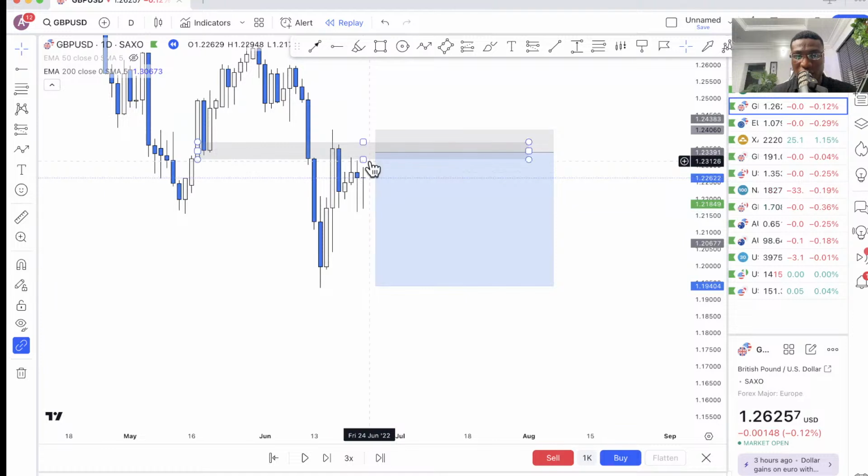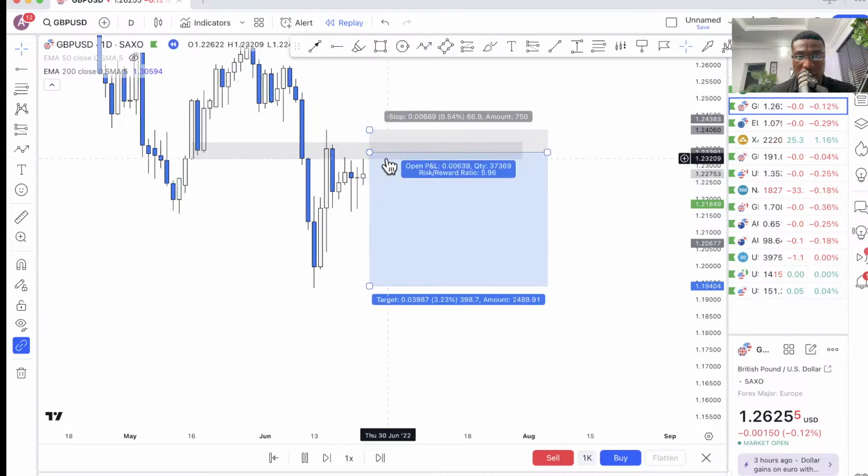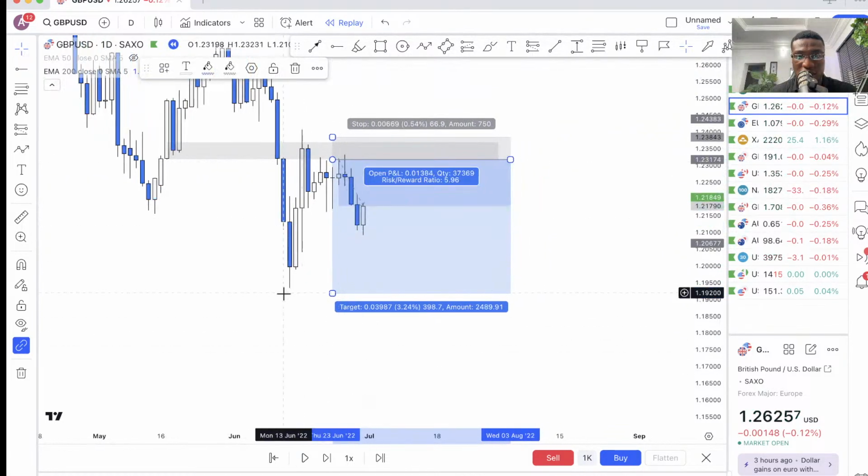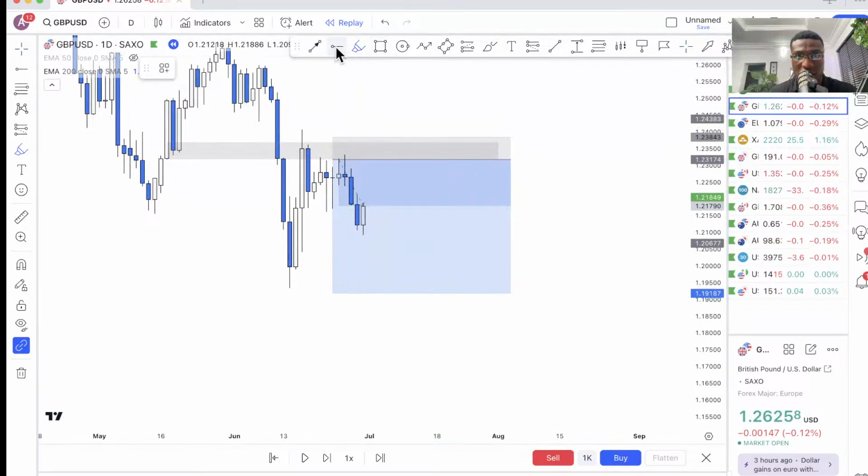If I'm looking to sell this market here, because I'm already seeing the rejection, I'm seeing the buyers being rejected, I'm seeing the struggle to break above this key level up here. So if I'm looking to sell, boom, the next key level I'll be looking at would be this level down here, right? I indicate that, and what does that give me? It gives me a nice 1-to-6 risk to reward ratio.